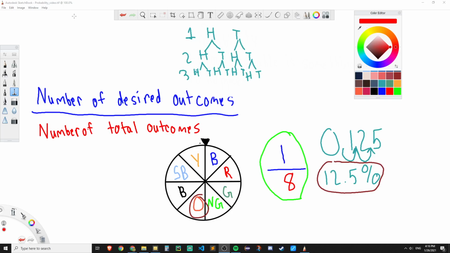Now for this, we need to have these sort of outcome strips. So, for example, this is an outcome strip, and this right here is an outcome strip. This, all of that. So I'll just make it easier for you guys. I'll just erase this, and I'll be back when I have written out all of the outcome strips, as I like to call them.